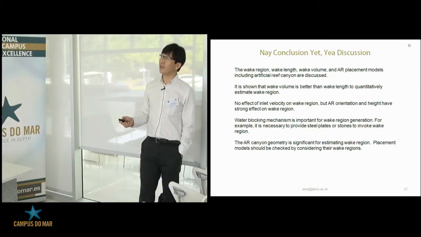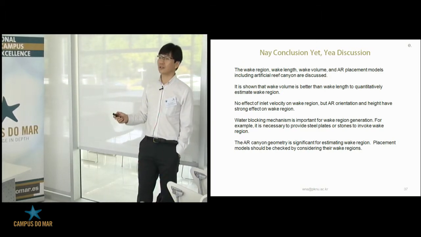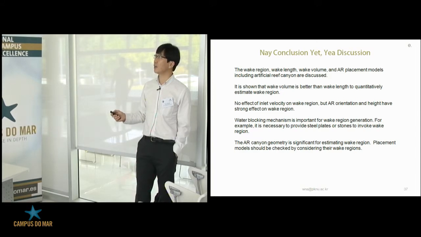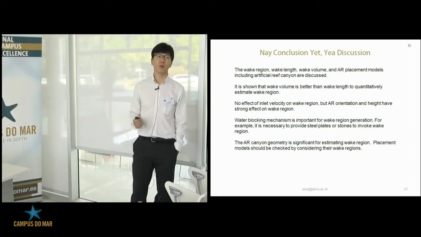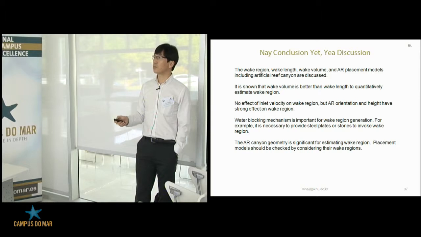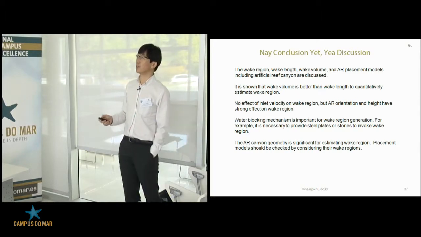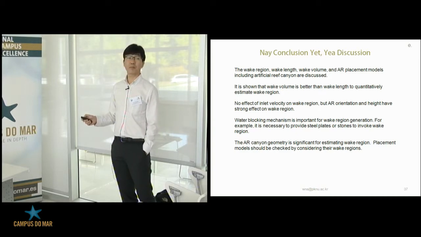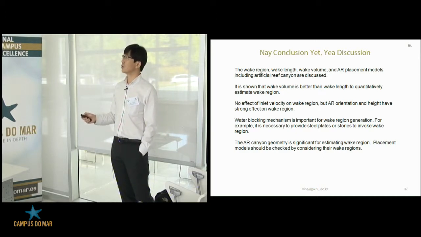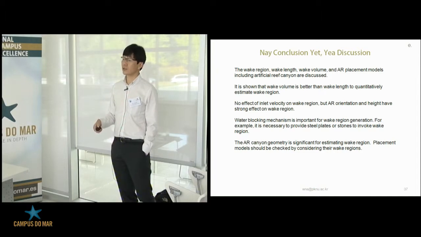There is no effect of inlet velocity on the wake region, but other parameters such as orientation and height have a strong effect. The water blocking mechanism is important for wake region generation. For example, it is necessary to provide steel plates or stones to invoke the wake region. So this is my discussion.